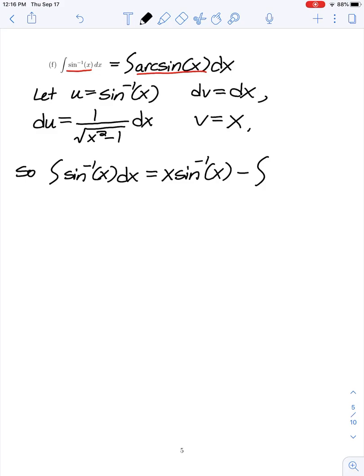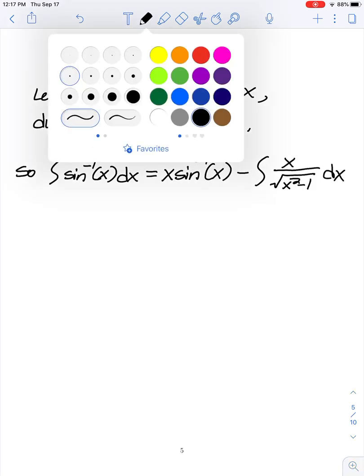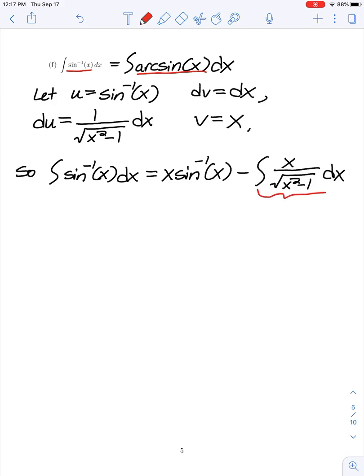So taking v times du, we have x over the square root of x squared minus 1 dx. So after applying integration by parts, we're left with this new integral. And let's think about how we could evaluate this.